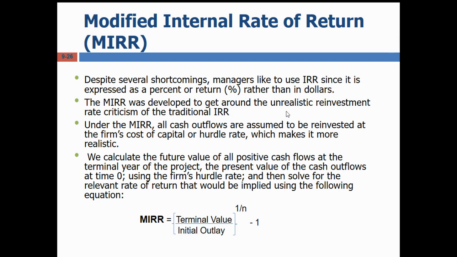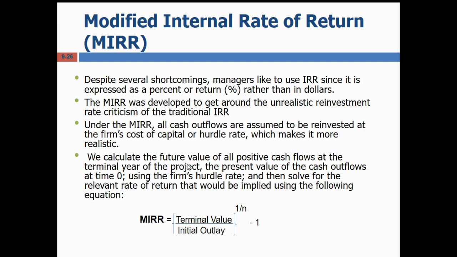One weakness is the reinvestment assumption. The unrealistic reinvestment assumption was replaced in MIRR with the cost of capital as the reinvestment rate, which is realistic. The next weakness was getting more than one result.